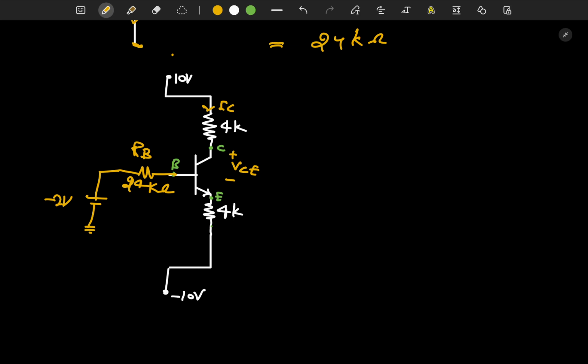Now we can apply KVL in this loop. As this current is the base current IB, this current will be IE.